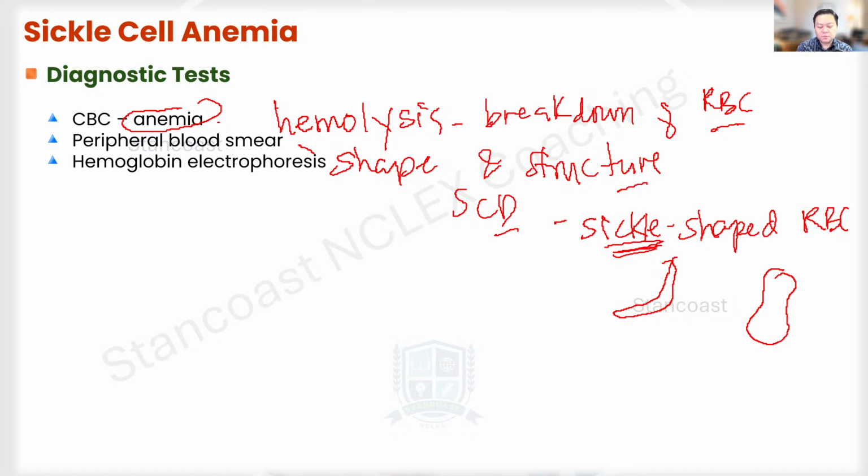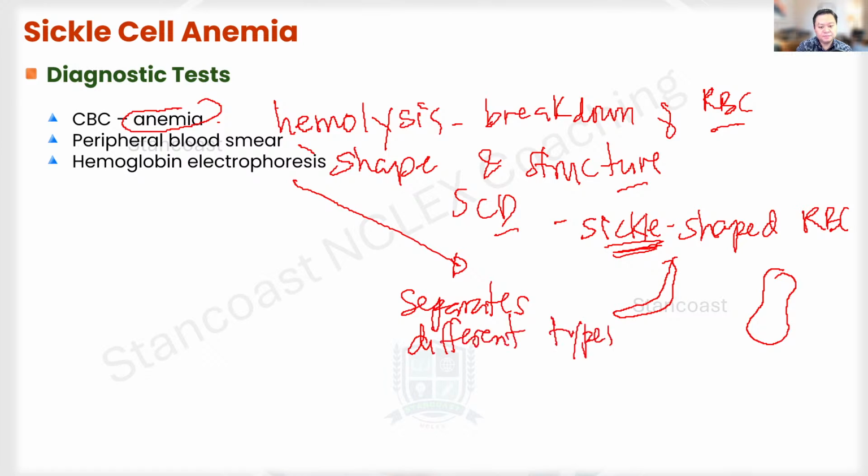Now, let's talk about the hemoglobin electrophoresis. So what is this testing? Well, this is going to separate the different types of hemoglobin.